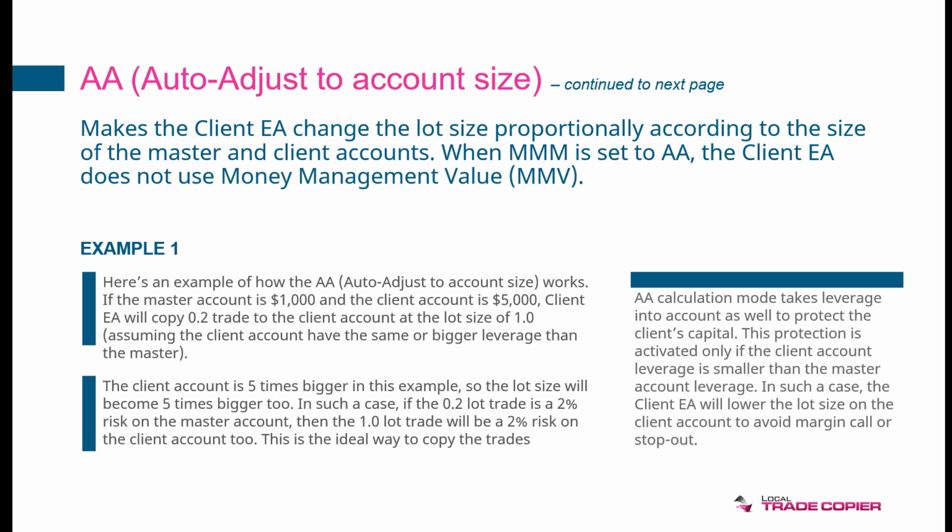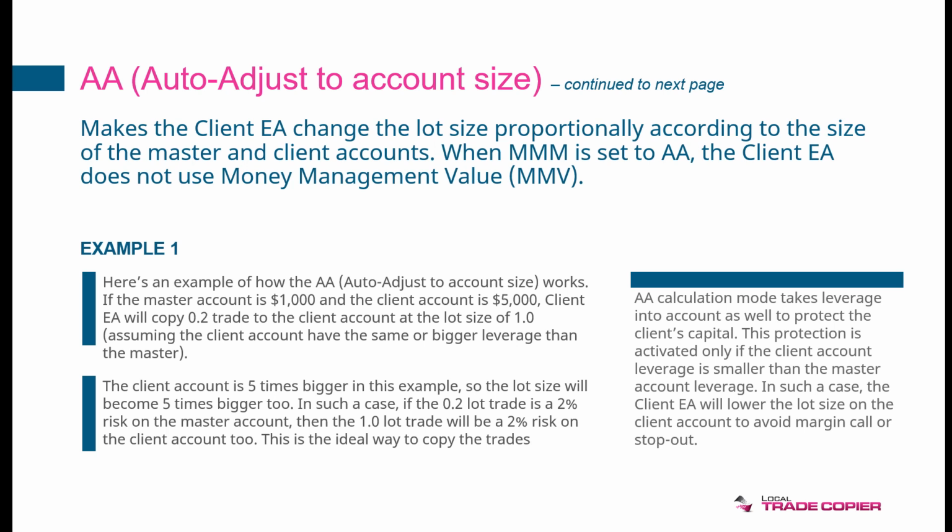And when MMM is set to AA, the client EA does not use money management value. So keep this in mind, that if this is set, those other 3 money management parameters are of no use, kind of. Okay, so now let's look at the first example.